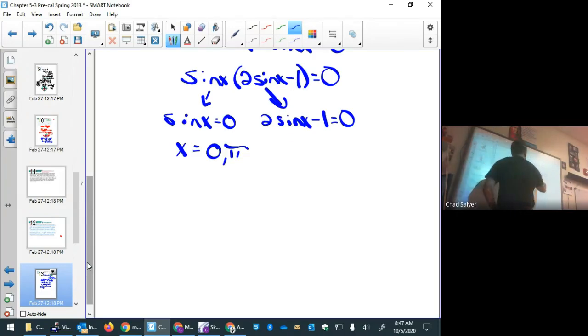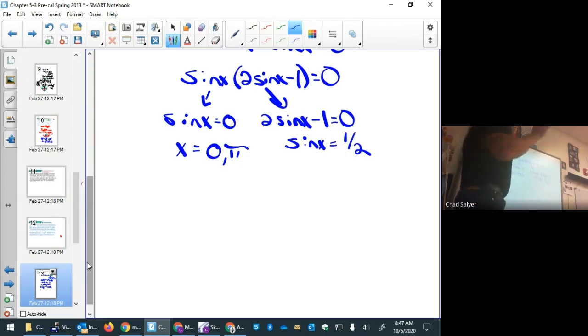And then over here, I've got sine of x is equal to 1/2. So where is the y coordinate positive 1/2 on the unit circle? Pi over 4. So that'd be square root of 2 over 2. We're looking for 1 over 2. Yeah, 1 over 2.